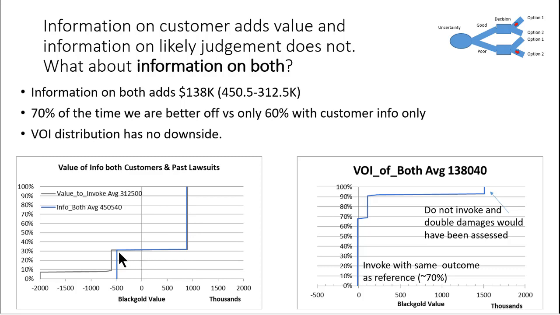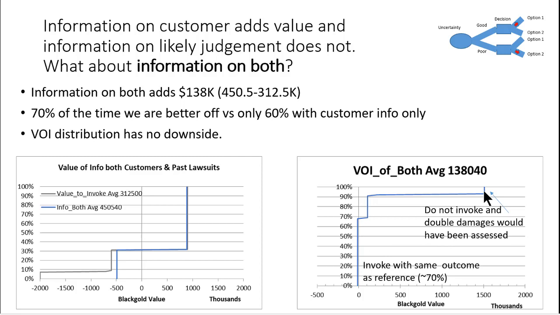Over here is when we don't invoke and we incur the $480,000. When I take the delta between these two, I get the difference of $138,000. Here, that's a 70% chance where we're both invoking, in the reference case and in this case where we have information on both.